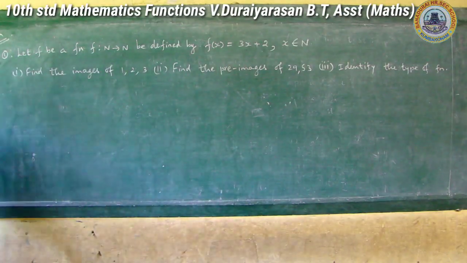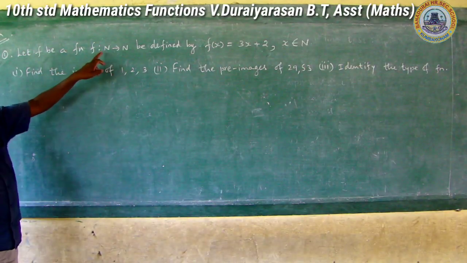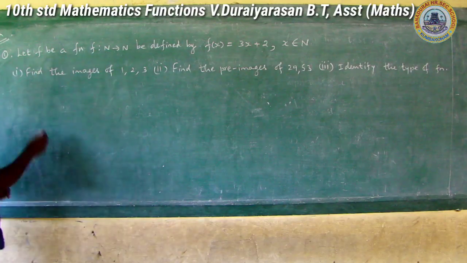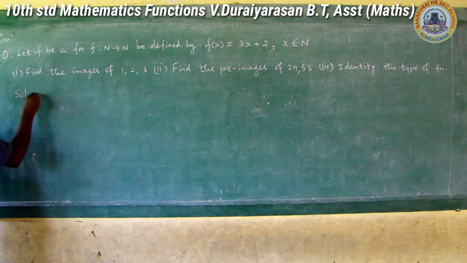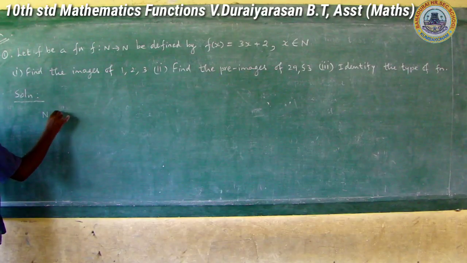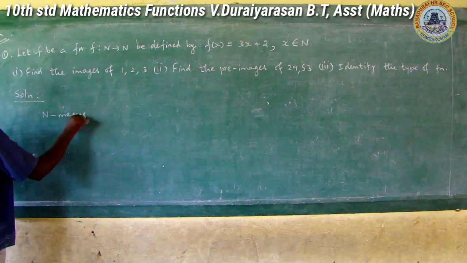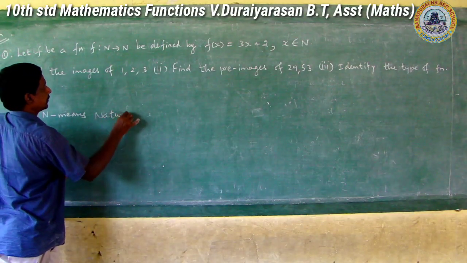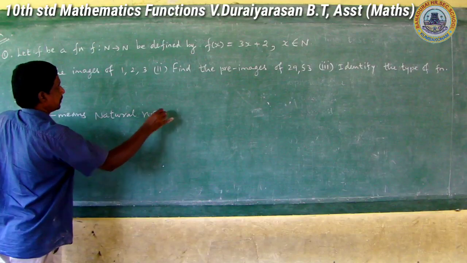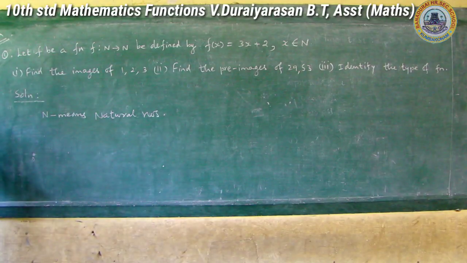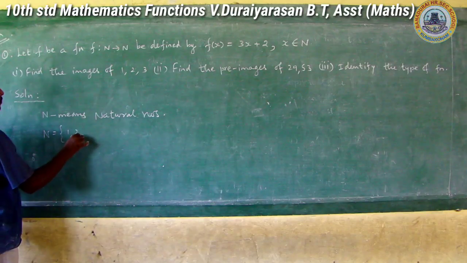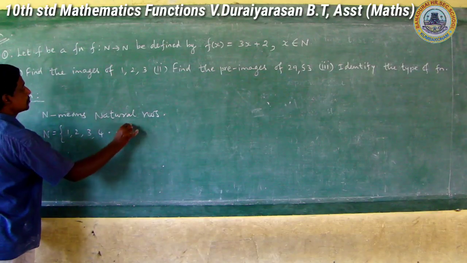Okay. The given function is from natural numbers N to N. N means natural numbers. So N equals 1, 2, 3, 4 and so on.